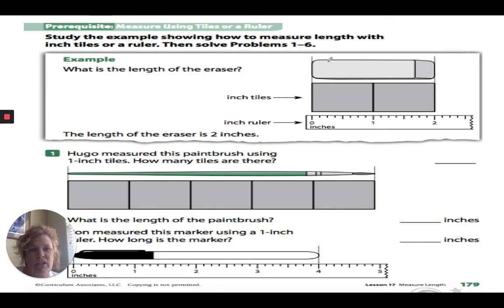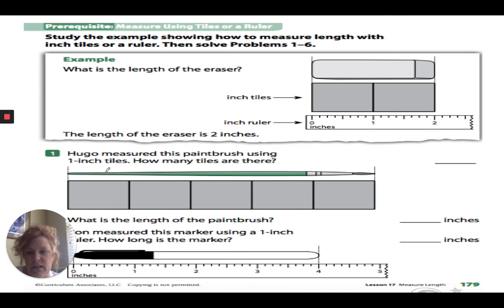And well, actually, this is the eraser. I'm looking at something different. This is the eraser, and these are the inch tiles, and then this is the ruler. So this is non-standard, and this is standard. Non-standard and standard unit of measurement. So the inch tiles, it took two of those. So that would be 2 inches. And here it took 2 inches. So the length of the eraser is 2 inches.